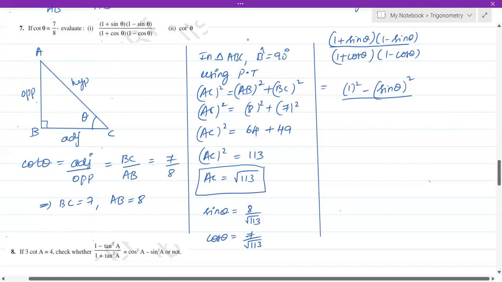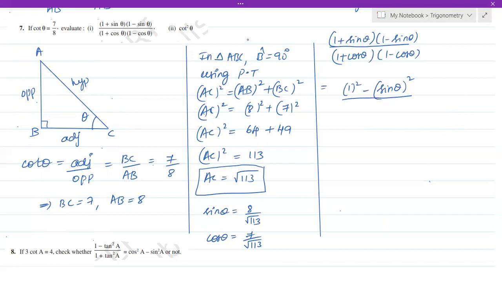Similarly, the denominator is also a plus b into a minus b, so you can write it as a square minus b square. Again, a is 1 and b is cos theta the whole square. Now let's simplify this. 1 square is 1 minus sine theta the whole square, which can also be written as sine square theta.